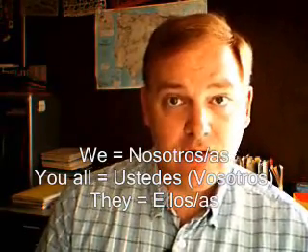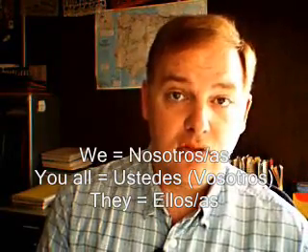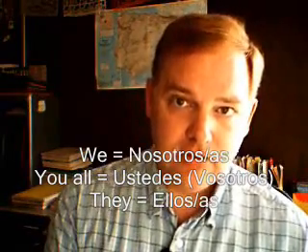They, if it's masculine or a mixed group, is ellos. And they, the girls, if it's a group of all women or girls, it's ellas. Okay? So that's the lesson on the subject pronouns.